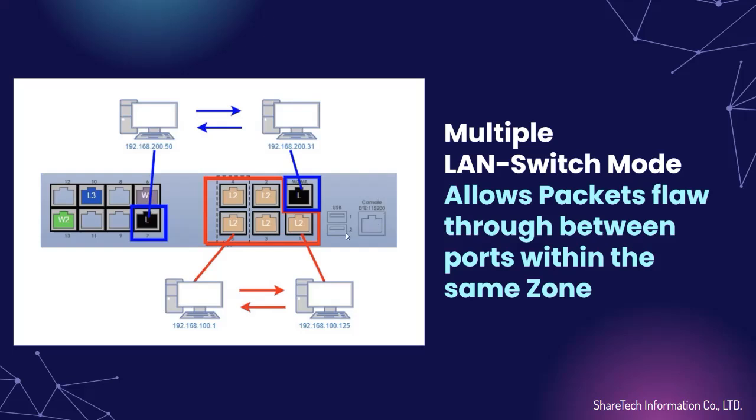The red frame as well. However, the blue frame and the red frame cannot communicate with each other because they are on different subnets. Unless you configure a routing policy, you can connect the packets between the two zones.